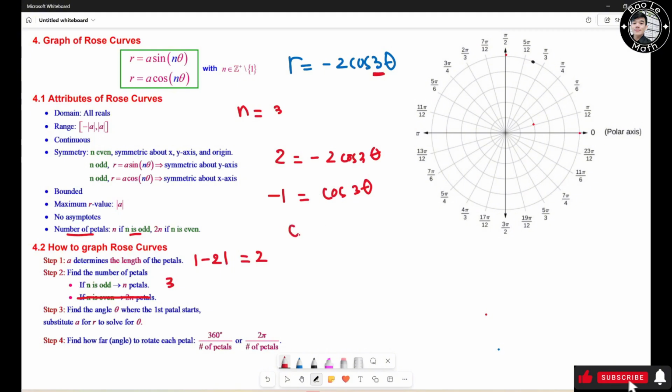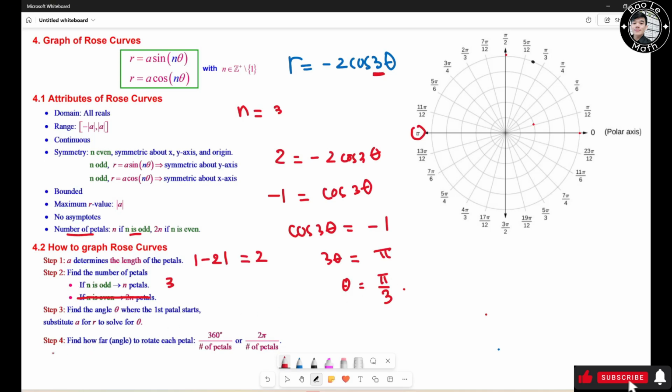So we have cosine 3 theta equals -1. Cosine 3 theta equals -1 is actually pi. So you have 3 theta equals pi. Theta equals pi over 3. So the first petal starts at pi over 3.